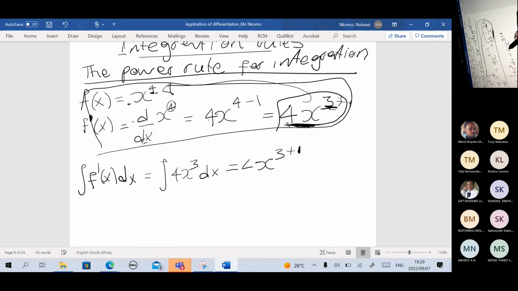We still have this 4, but to move from here to here, we need to divide by 4 to get rid of this 4. This will cancel out, and we'll have x to the power 3 plus 1, which is 4.